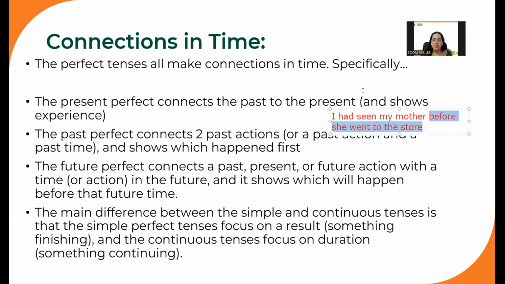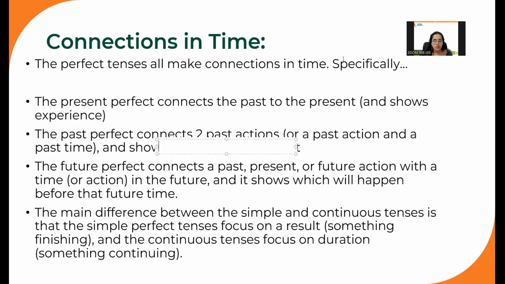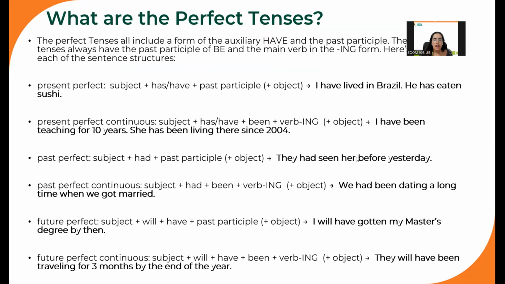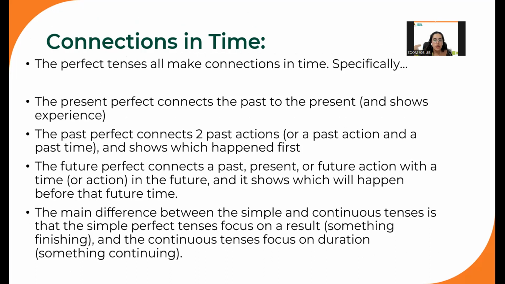I had seen my mother the day before yesterday. It can also be like this, right? Antier, okay? As in the example that we have here. They had seen her before yesterday, okay? So this is the past perfect, connecting two situations, actions in the past.